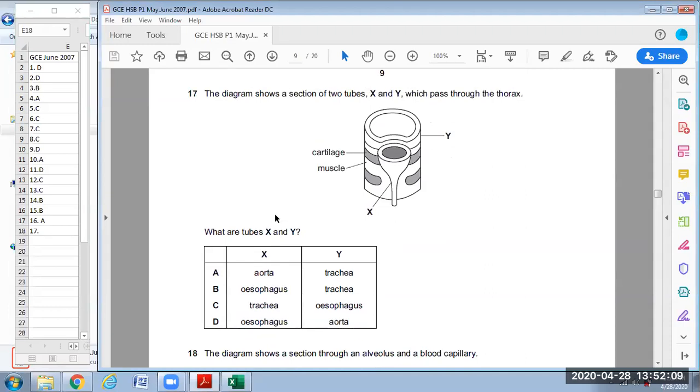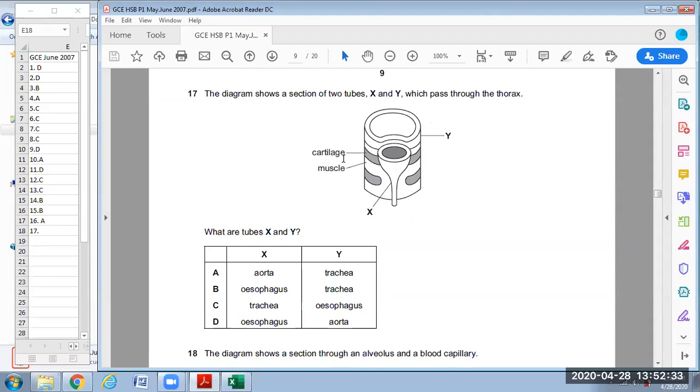Number 17. The diagram shows a section of 2 tubes, X and Y, which pass through the thorax. What are the tubes X and Y? B. As in boy.